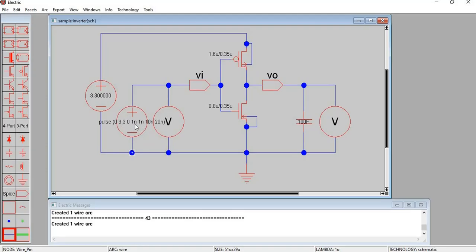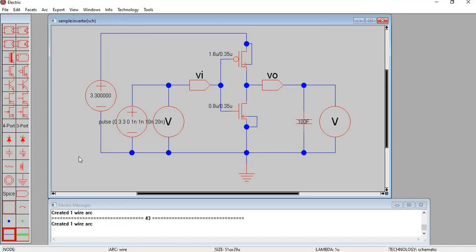The 1N and 1N are the transitions from low to high and high to low of our waveform. 10N is the time that the pulse is on. 20N is for the period. So those are the corresponding values for our pulse.